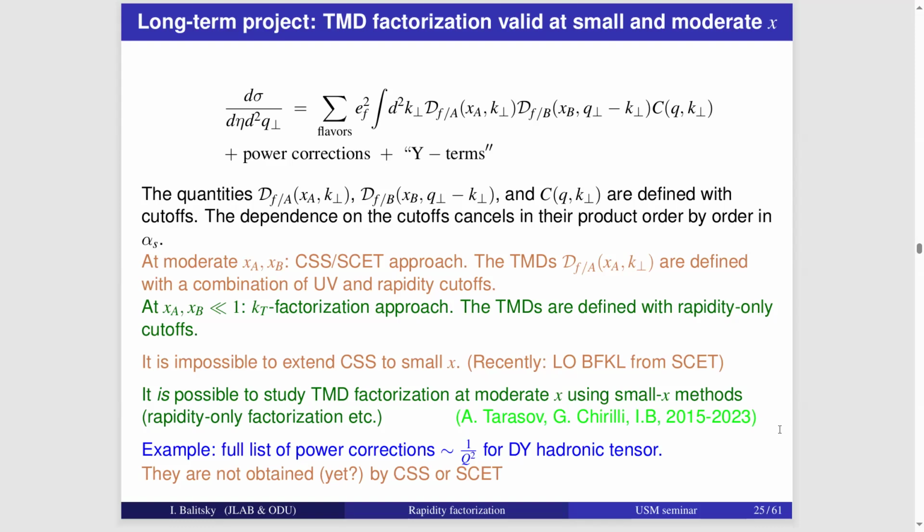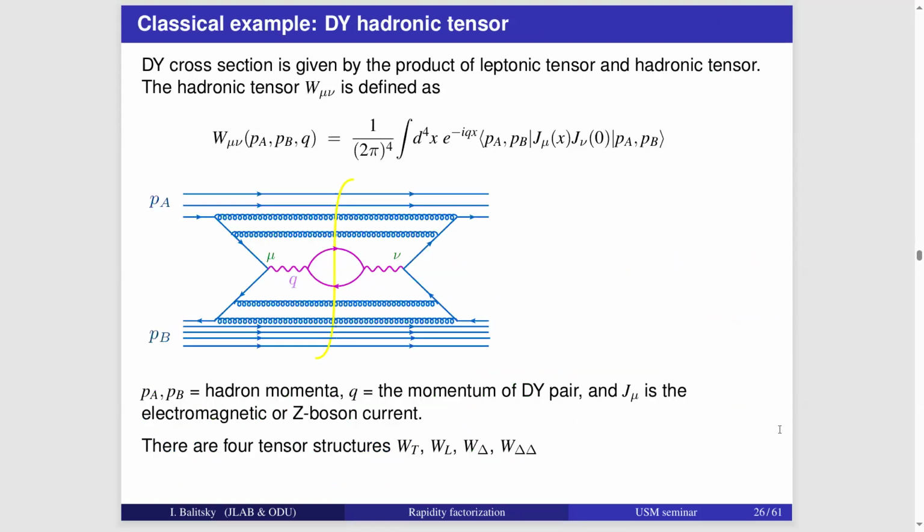Okay, now let me remind you, I will be talking for about five minutes about the Drell-Yan hadronic tensor. Let me remind you of the diagram for Drell-Yan scattering, with the mu plus mu minus, or e plus e minus pair. The cross section is the product of the leptonic tensor and the hadronic tensor. The leptonic tensor is kind of trivial.